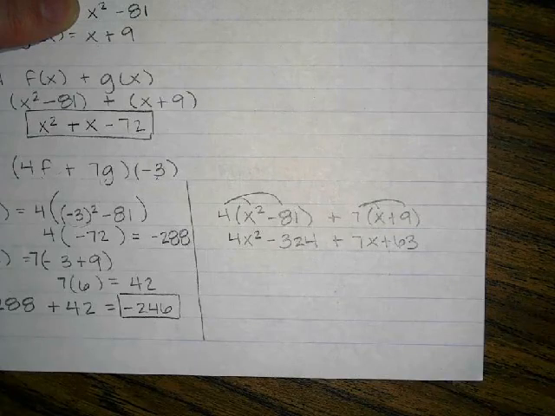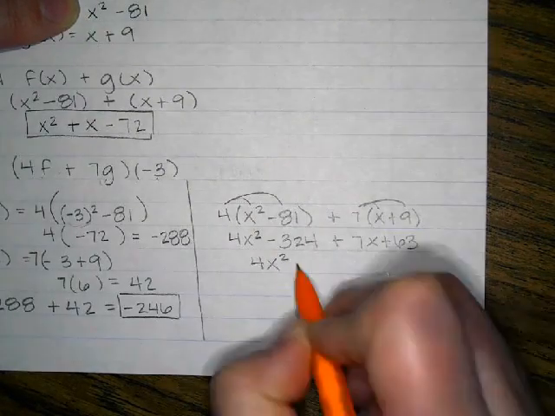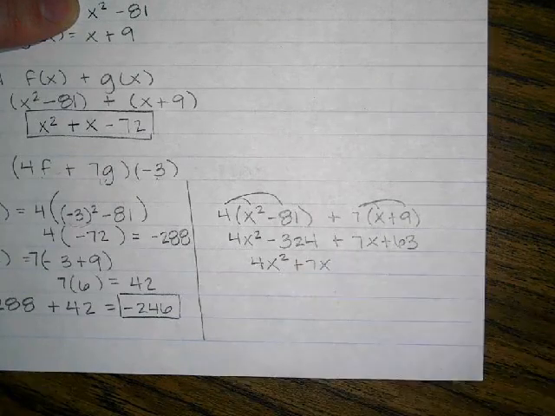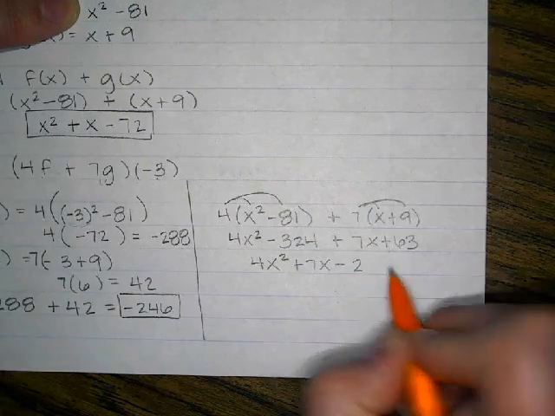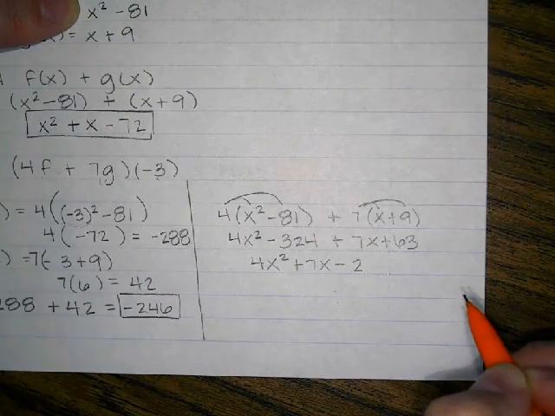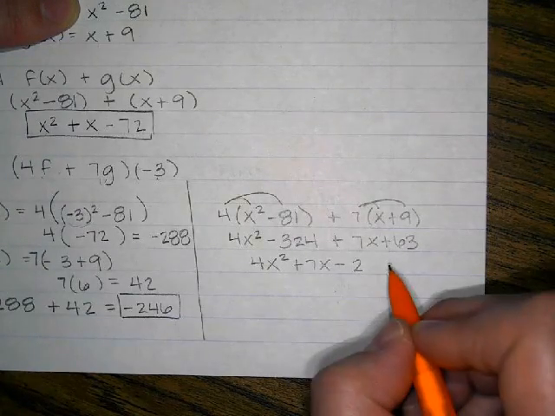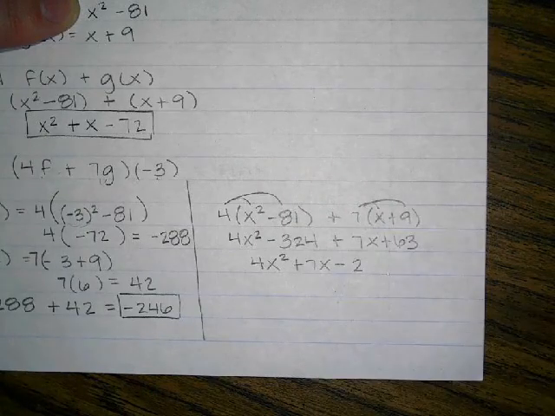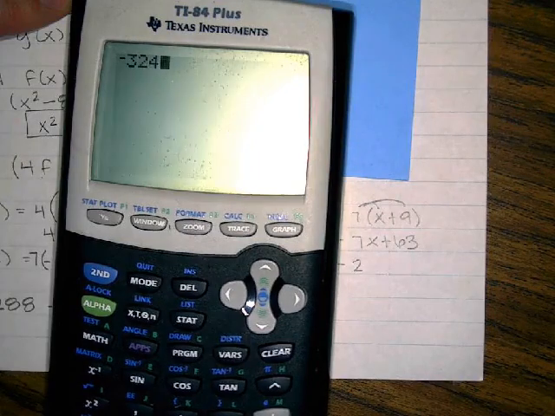4x squared plus 7x... I'm getting two different answers. 279, 261, 279, negative 324 and 63. 261.